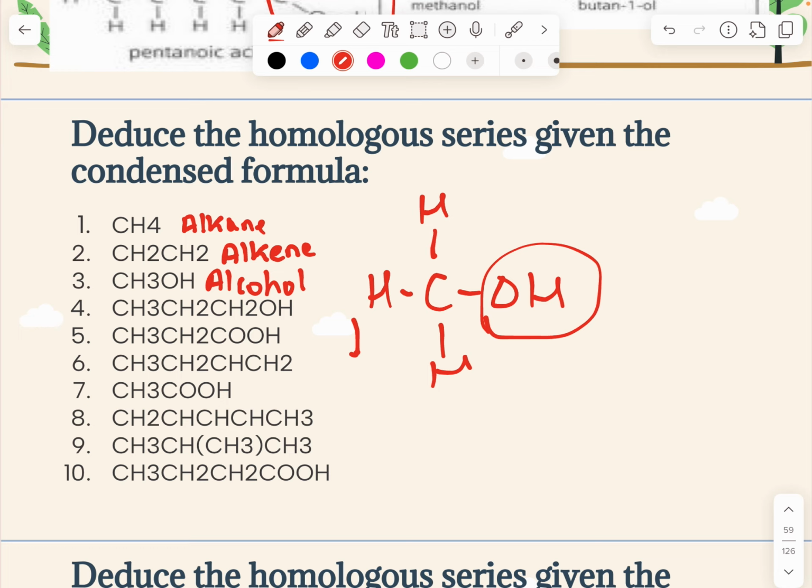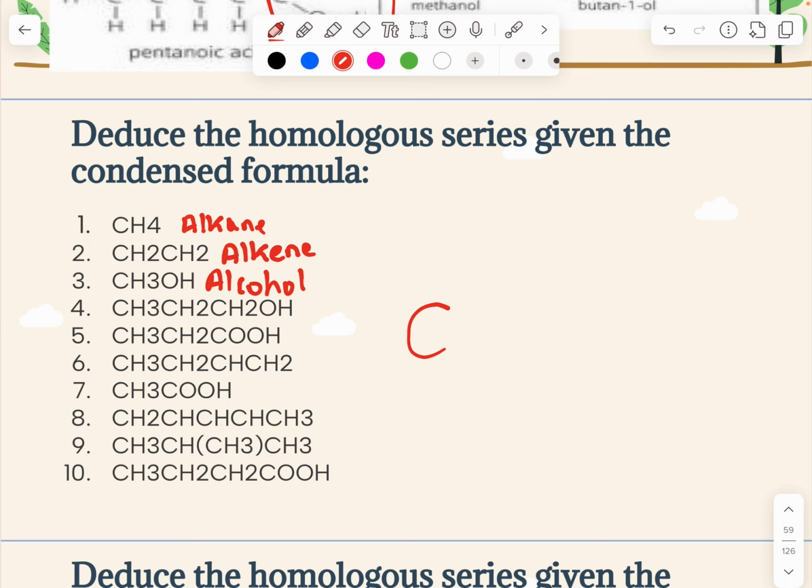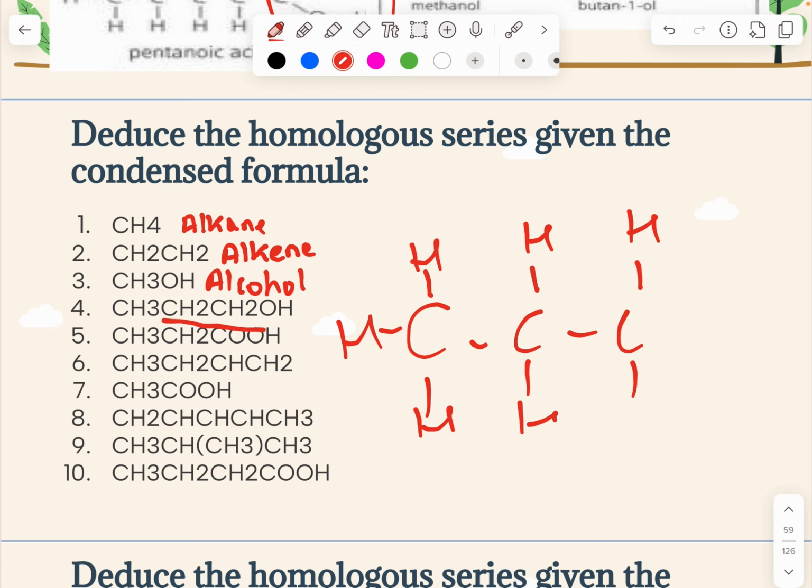I'm going to just do the little explanation as we go. So number 4, it is CH3. The first carbon has 3 hydrogens. Second carbon has 2 hydrogens. That's where I'm at. Third carbon has 2 hydrogens.